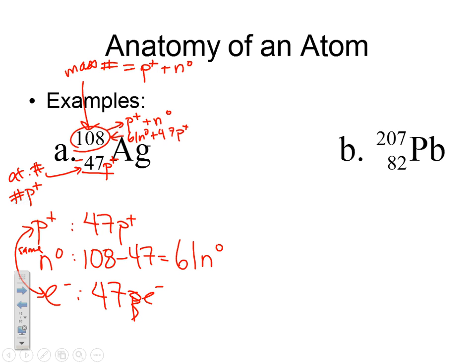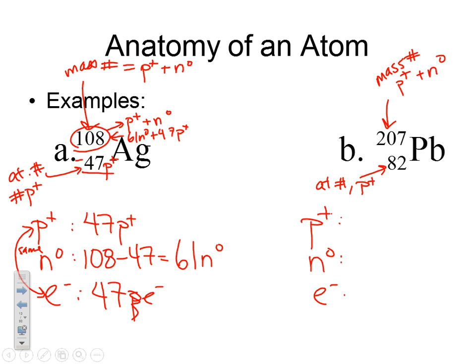Going over to the lead example, again, bottom left-hand corner number, that's our atomic number. That's our number of protons. Top left-hand corner, that's our mass number. That's our protons plus our neutrons. So not just the protons, but the neutrons are added in as well. So filling out our subatomic particles for this, there are going to be 82 protons, I can tell from the atomic number.